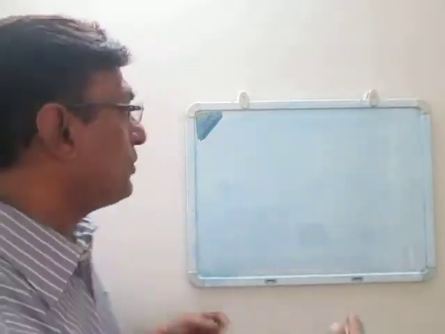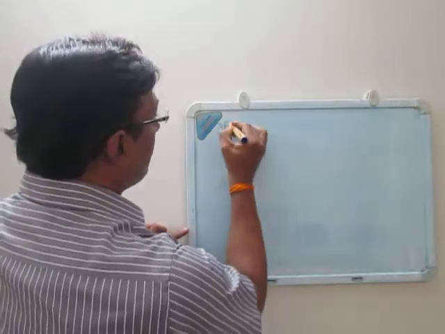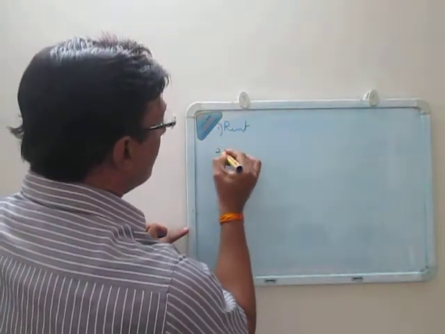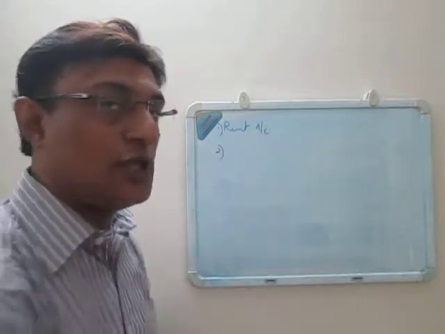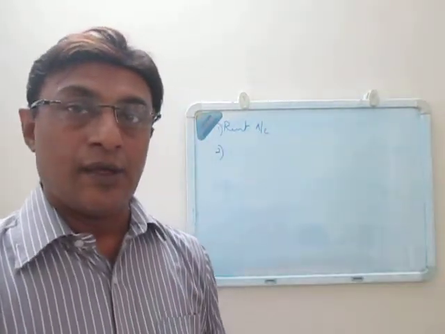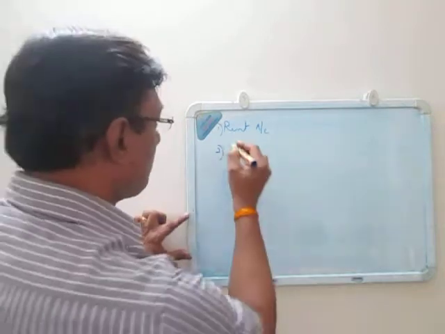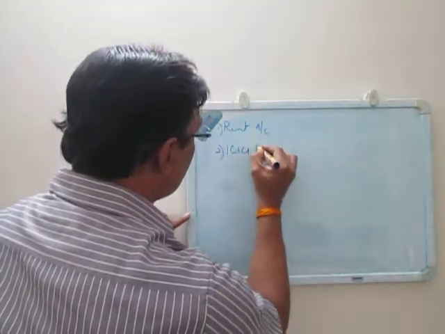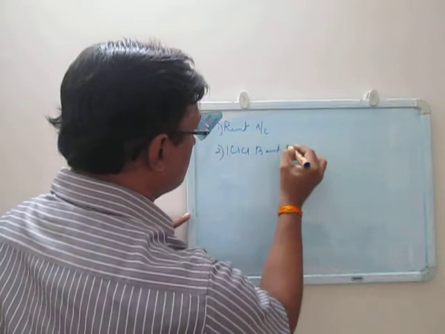Let me take an example of one. Rent account. You can use the abbreviation A/C. Two, ICICI bank account.